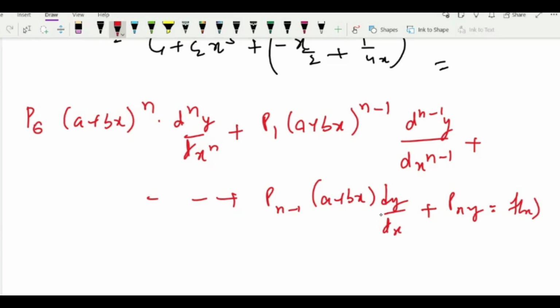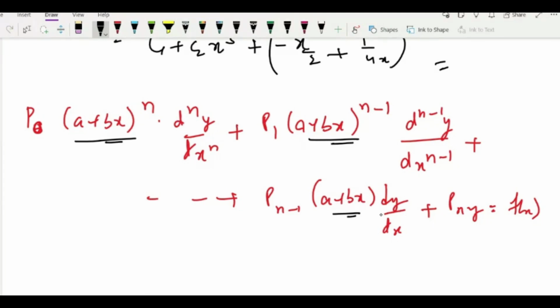This is another type of equation which is even a generalization of Cauchy-Euler equation. In Cauchy-Euler equation, we have here only x raised to power n, here x raised to power n minus 1, here only x. This is a generalization of Cauchy-Euler equation.